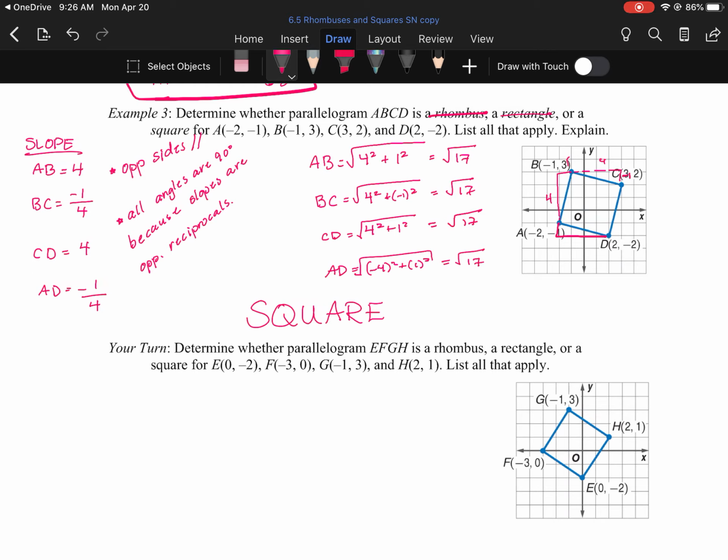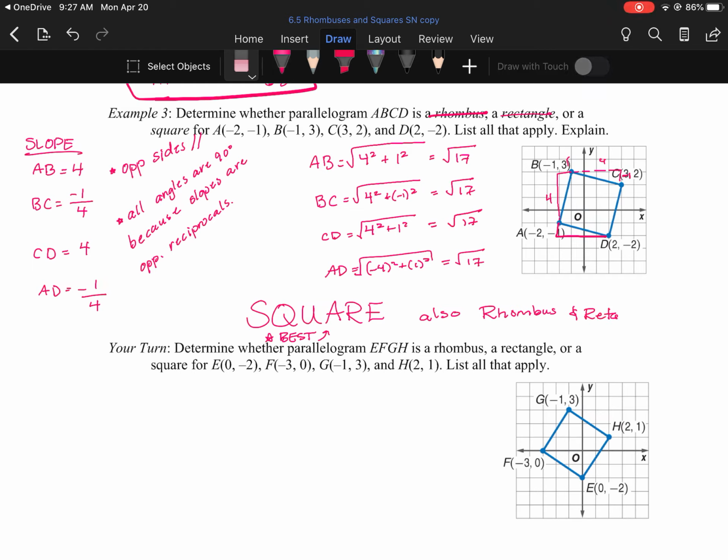Okay. And they do ask us to list all that apply. Since it's a square, if you remember back to the beginning, a square has all the properties of a rhombus and a rectangle. So even though square is our best answer, and if we had to list one, we would list square, since they said list all that apply, a square is also a rhombus and a rectangle.